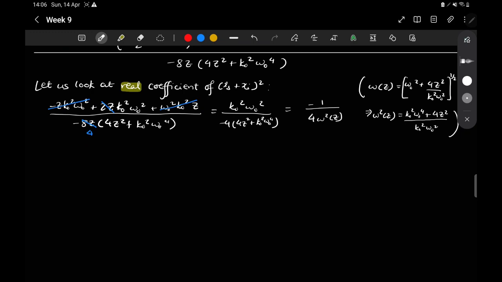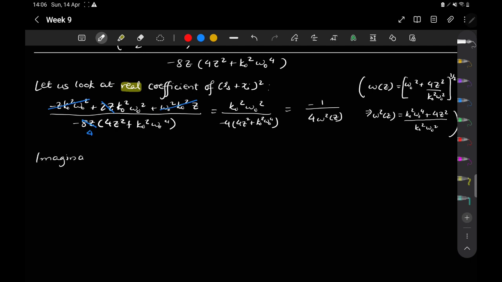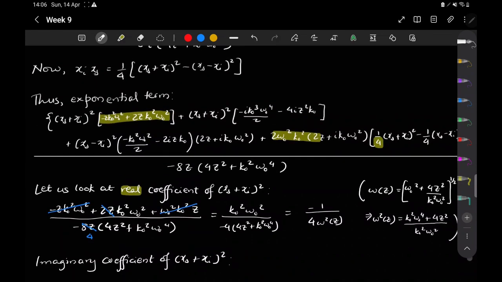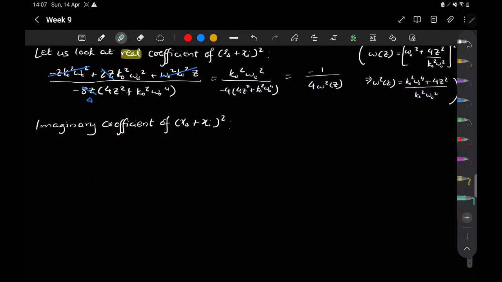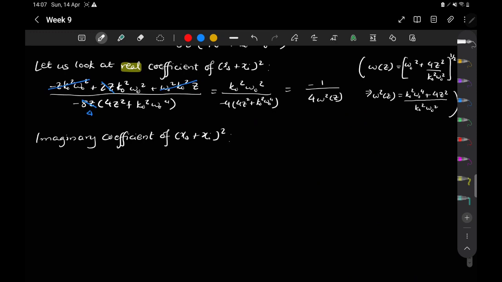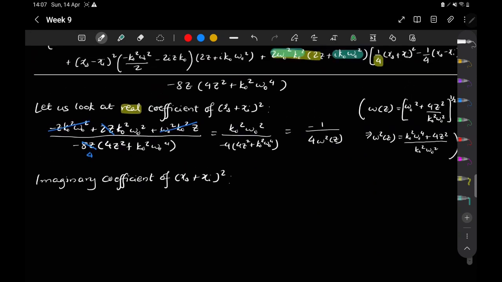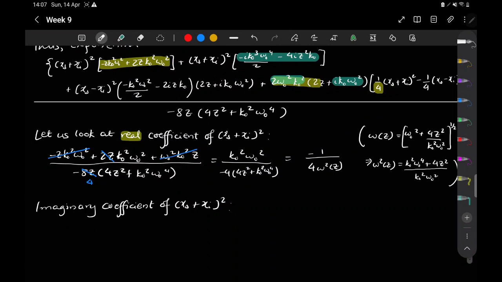Now let us look at the imaginary coefficient. Now the imaginary coefficient, let me highlight, is this part here, and then this part along with this prefactor. So let's write down.